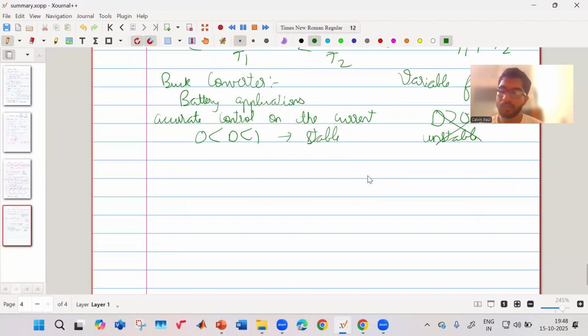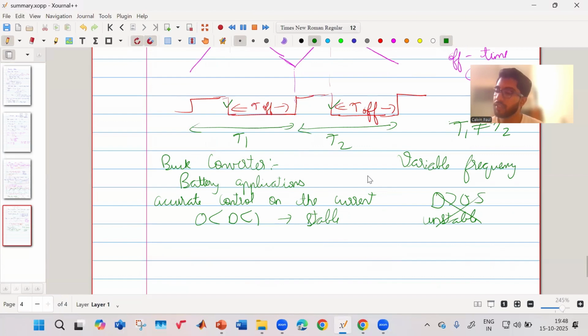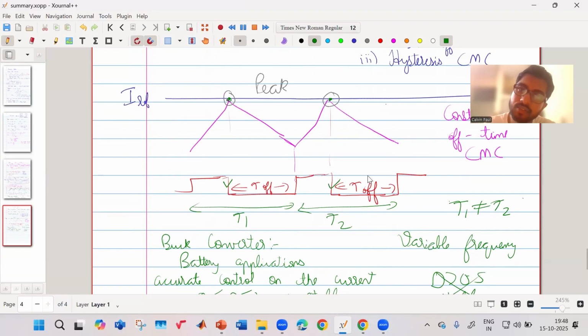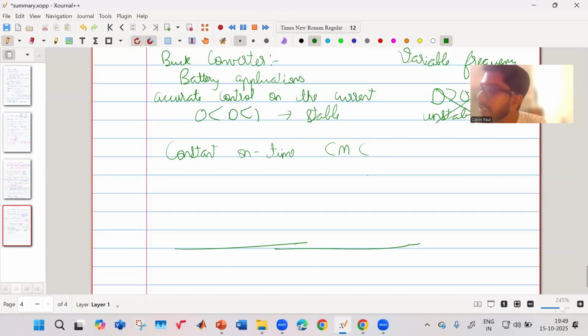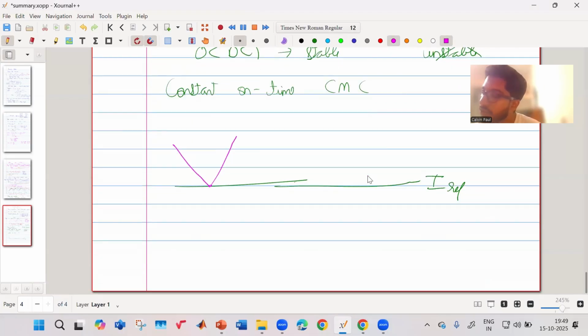So now, this variable frequency constant off time current mode control is stable. Next is what is known as constant on time current mode control. Now what do we have? This is our reference, and current will fall like this. Then it will rise. So how will your gate signal be?